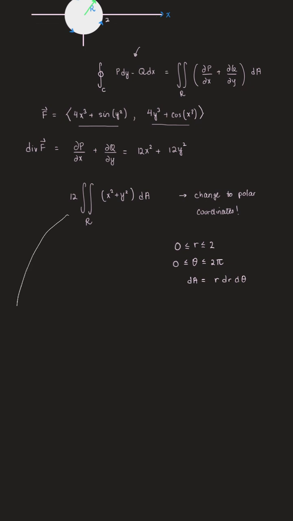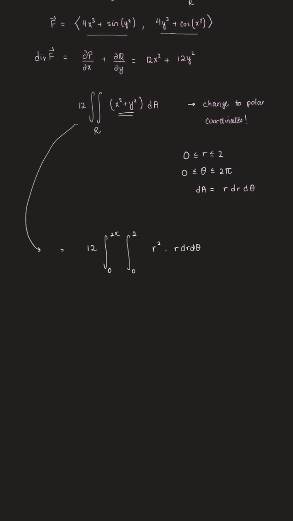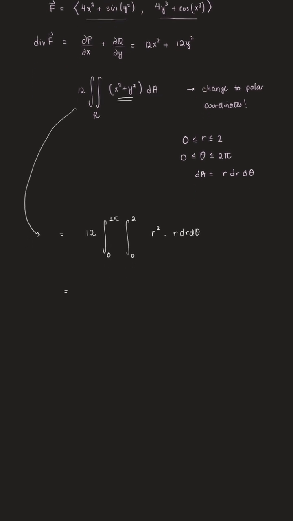So this integral is going to be equal to 12 times the integral from 0 to 2 pi, r from 0 to 2. Well, x squared plus y squared, that's just r squared. So we're changing the integrand to be in polar coordinates. And our area element, r dr d theta. So it's actually not a very difficult integral to calculate. And it's a nice way to get our flux done. So this is r cubed, which integrates to r to the 4th over 4 from 0 to 2, d theta.